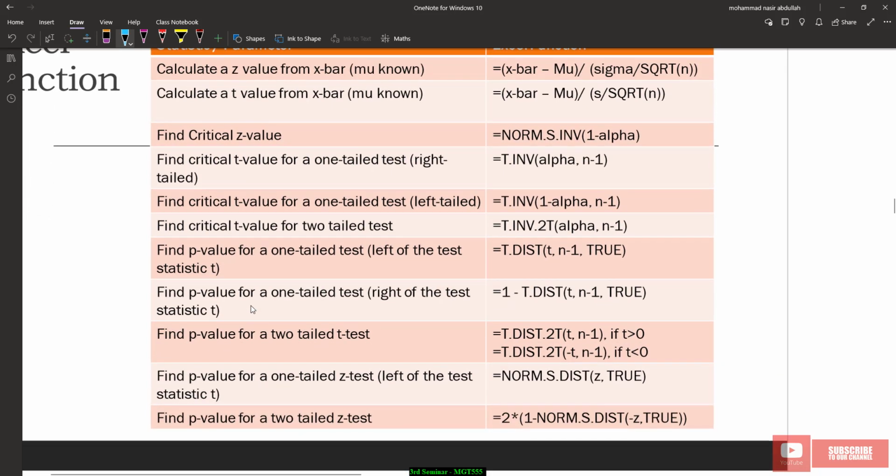Kita tengok find critical Z value, find critical T value, and these are all P value, okay. Kita akan fokus kepada 4 ni.